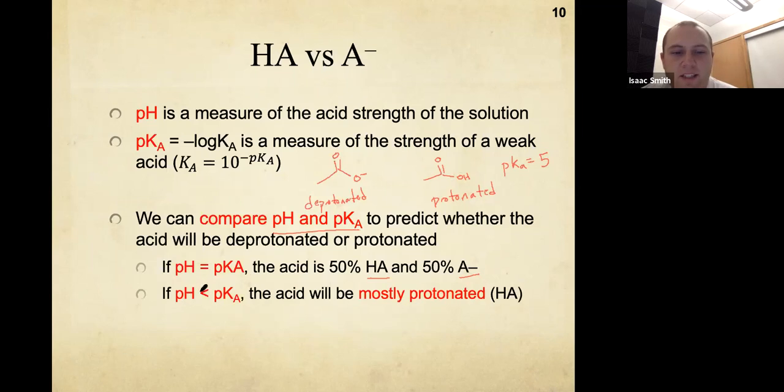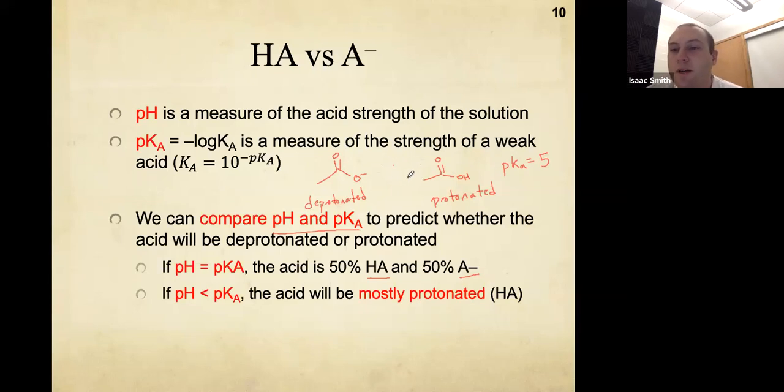So if the pH is less than the pKa, the acid will be mostly protonated. Okay, so that should make sense, because the lower the pH, the more acidic the solution is. So let's say you put this carboxylic acid in a solution that had a pH of about 2. The lower pH means the more hydronium ions you have in the solution.